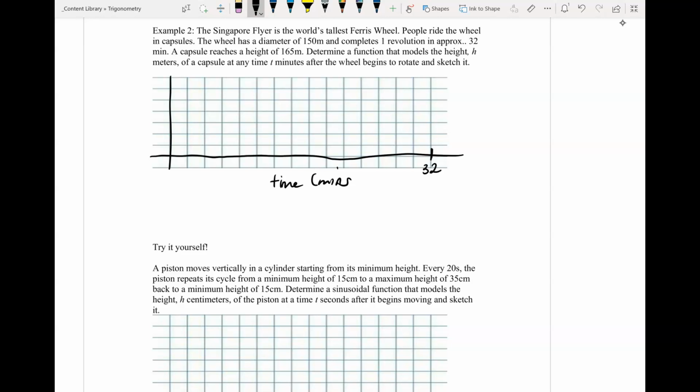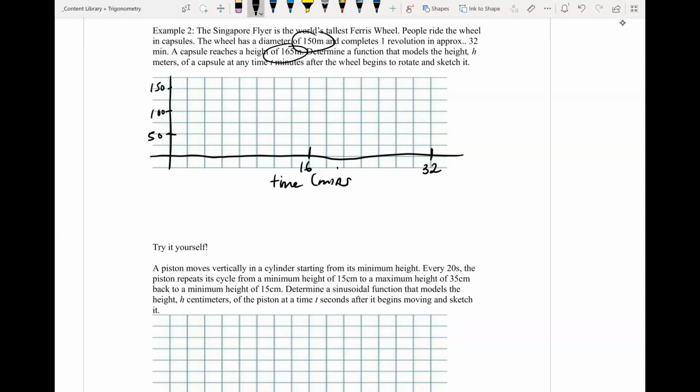Then half the 32 is 16, which is approximately over here. Okay, and then looking at our height, our maximum height is 165 and we have a diameter of 150, so I should maybe go up by 50 here.